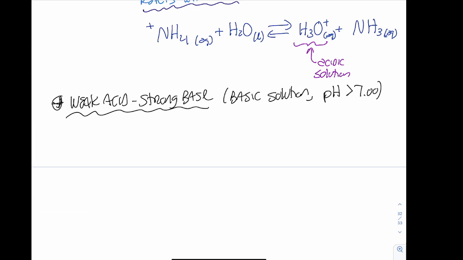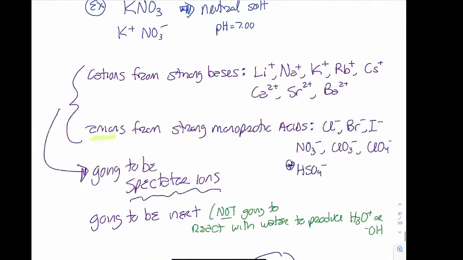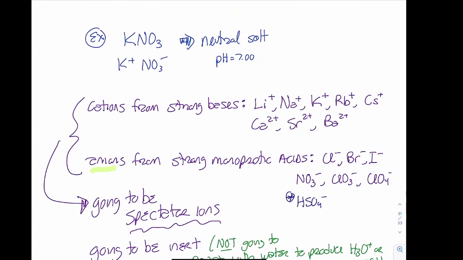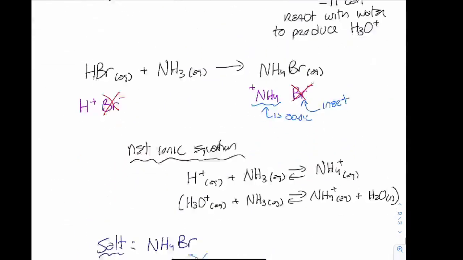So this time, the cation from my strong base is inert. If we go way back up here to these two statements, the cations from a strong base are spectator ions, they're inert, they're not going to react with water. So because I have a strong base, its cation is inert.